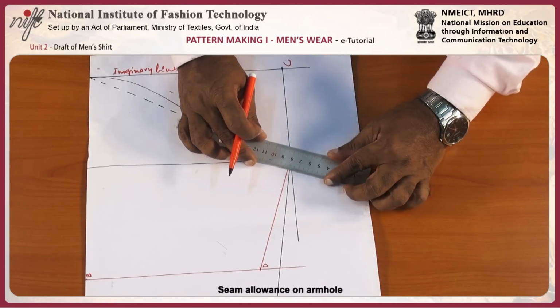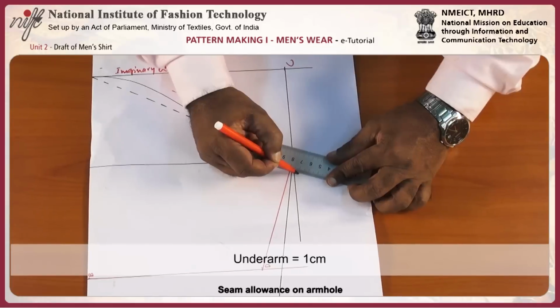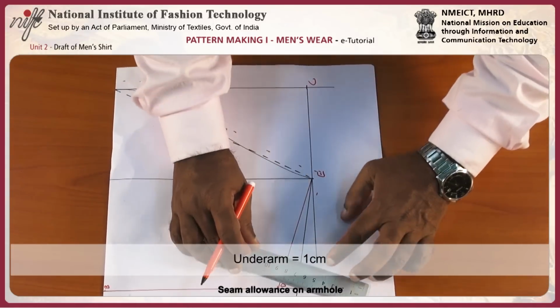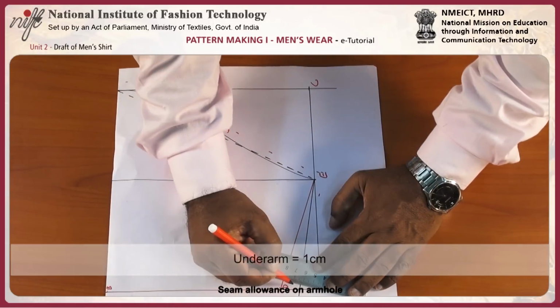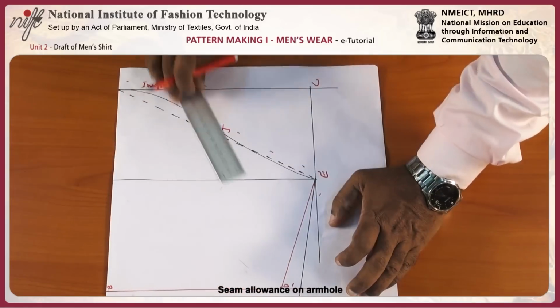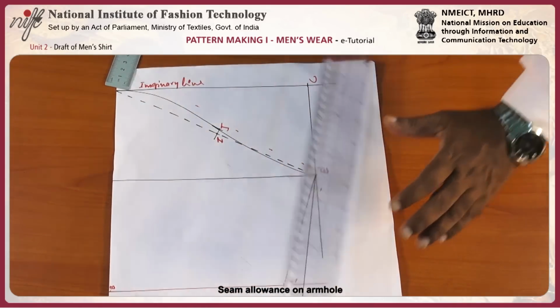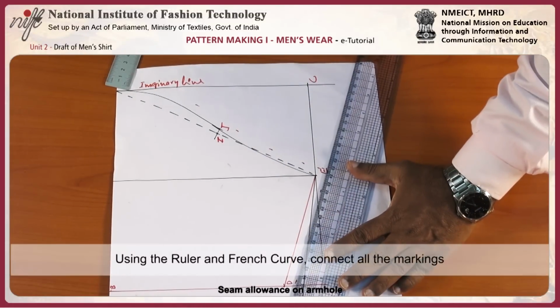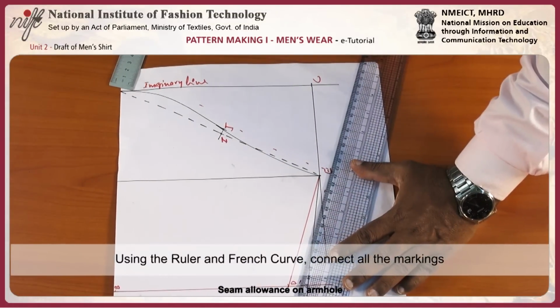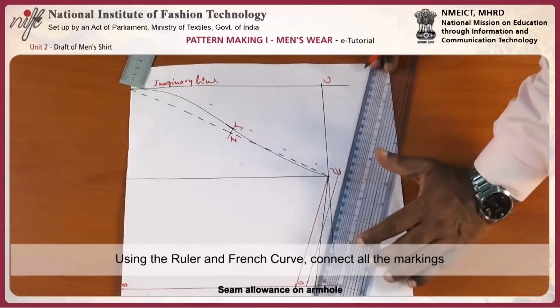Then underarm 1 centimeter. Then connect all the markings using ruler and French curve.